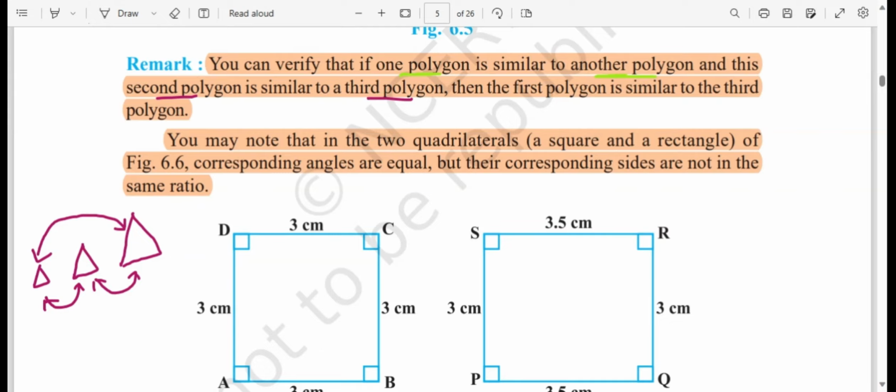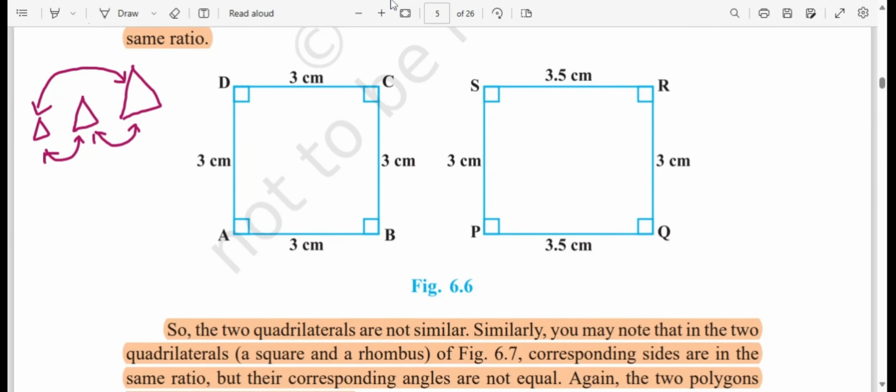Now coming to figure 6.6, let us explore whether these two figures are similar. What is the condition? The angles have to be equal, and the sides have to be proportional. These are the two conditions.